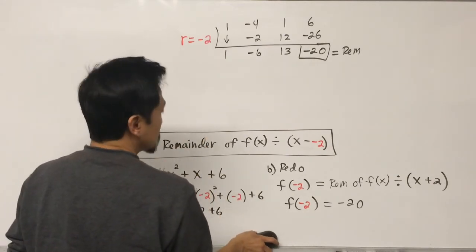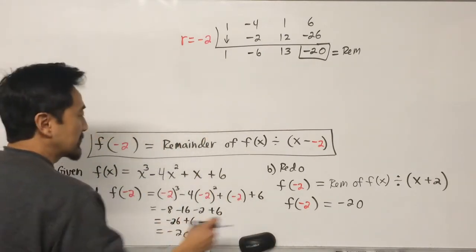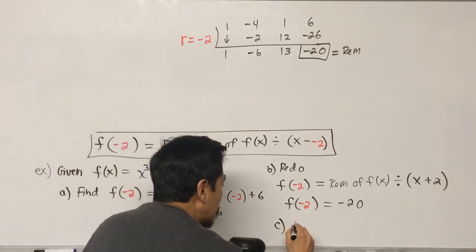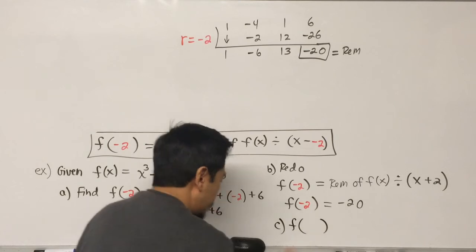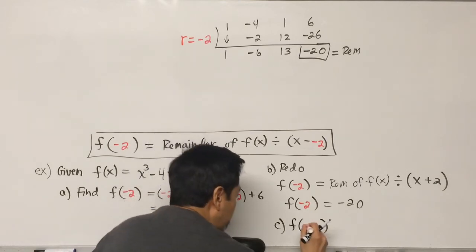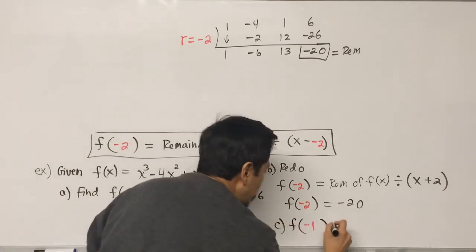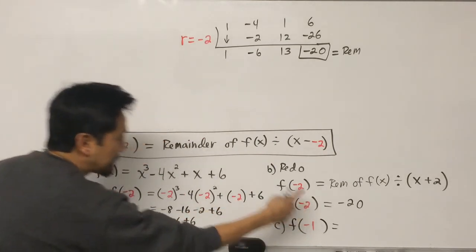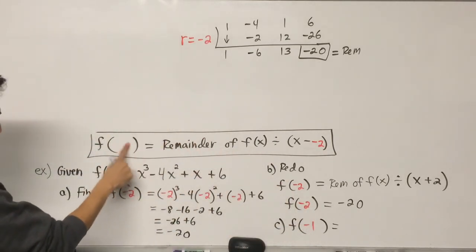Let's say part C down below, I'm going to ask you to find f of, let's say, negative 1. Okay? So, if I plug in negative 1, that means that it's now going into here.